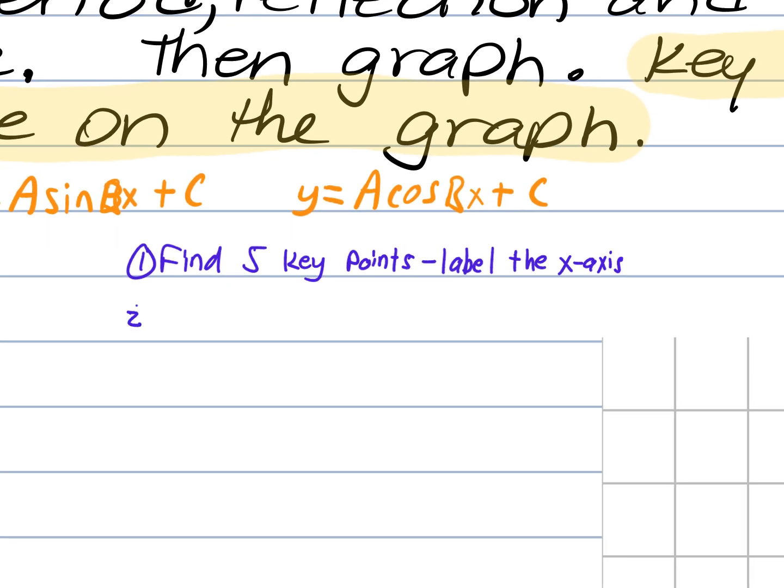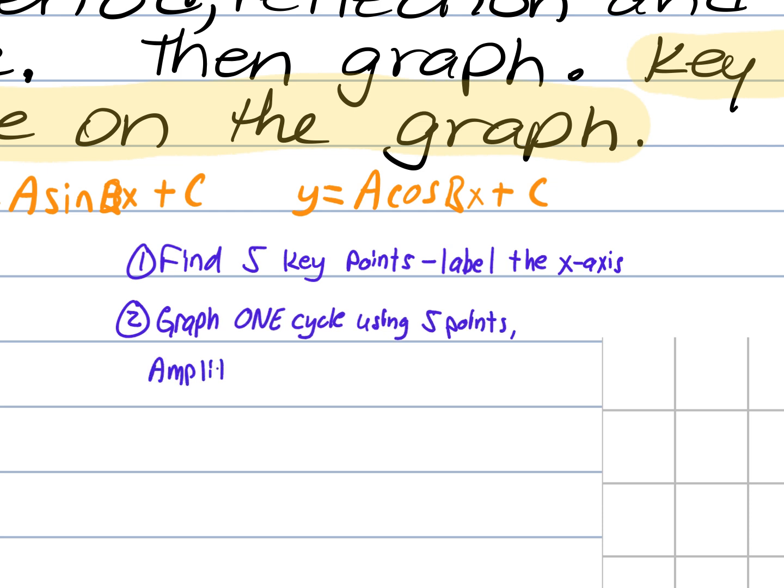All right, the next thing we want to do with these 5 key points, we're going to graph one cycle. Remember, a cycle is just one wave or pattern in a sine or cosine function. Graph one cycle using the 5 points, the amplitude, and the period.